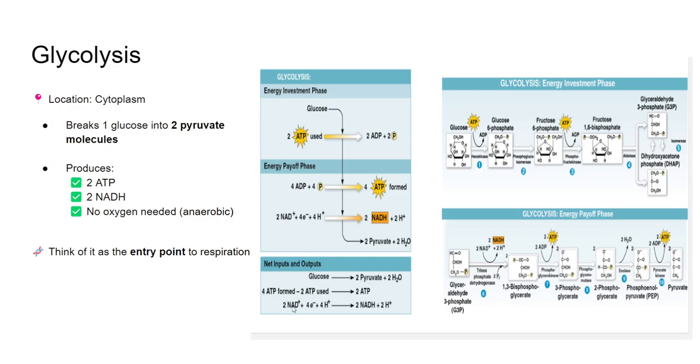This 2 NAD plus, with the 4 electrons, takes on the hydrogens, and this 2 NADH is going to take those electrons to the last step in cellular respiration. As for this 2 H plus, it's going to be important later on in terms of other things, which we'll get into later. But glycolysis is a very important phase because this is where everything begins.